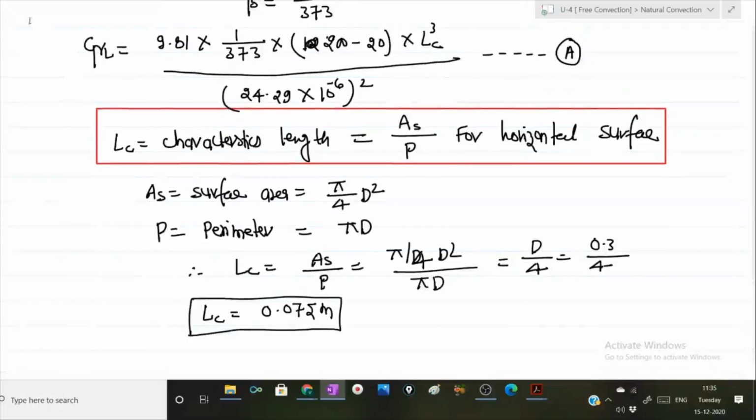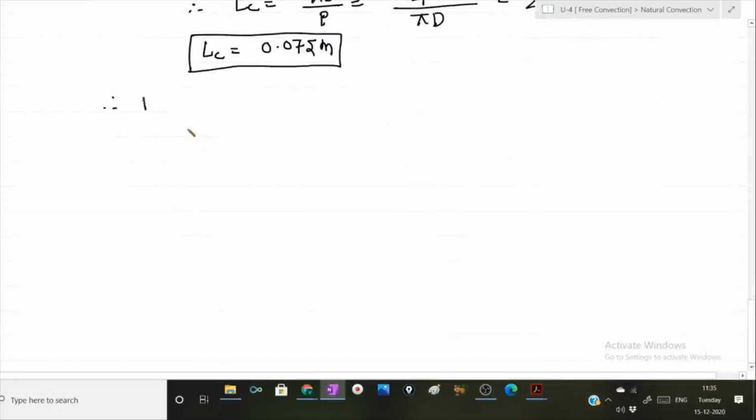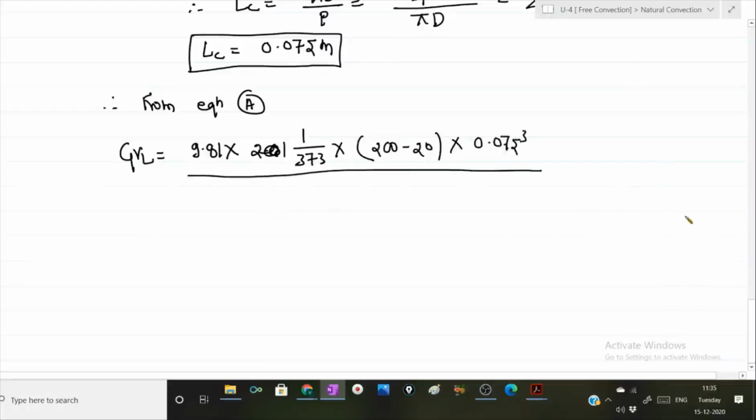I am interested to calculate Grashof number. So from equation A, Grashof number will be 9.81 into 1 over 373 into (200 minus 20) into 0.075 cube over 24.29 into 10 to power minus 6 whole square.